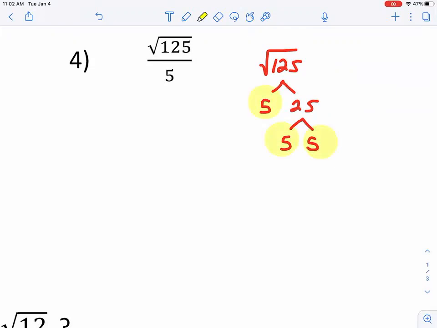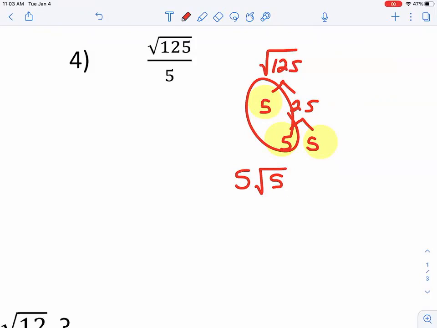So now I have all prime numbers. And so for those pairs, I get 5 on the outside. And I have a square root of 5 left over.